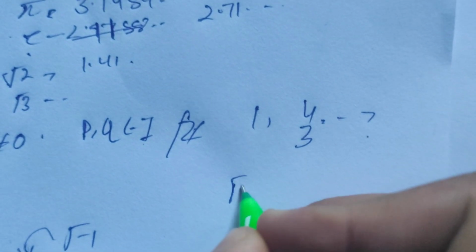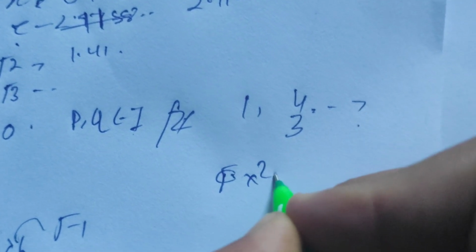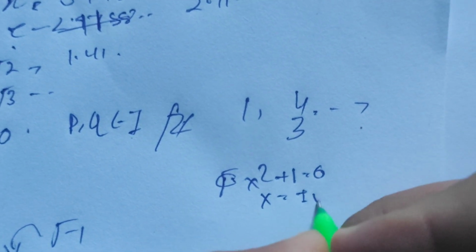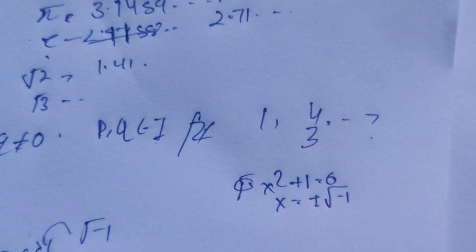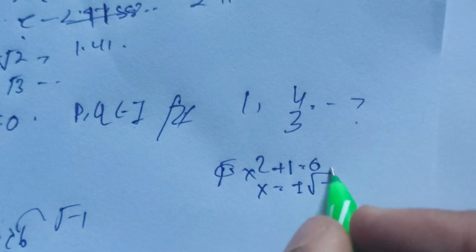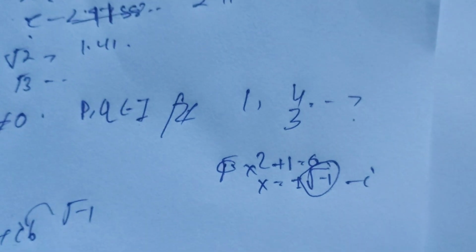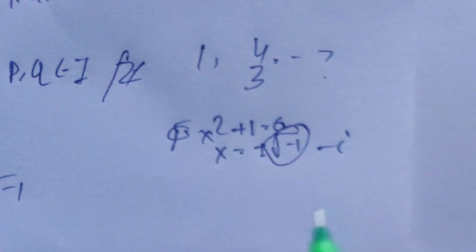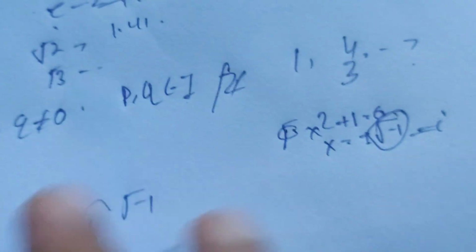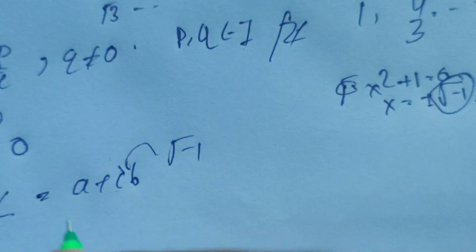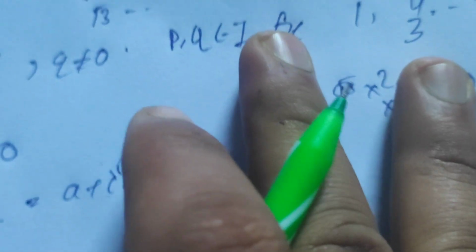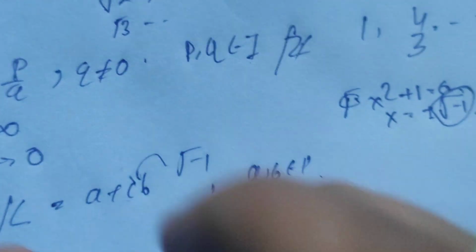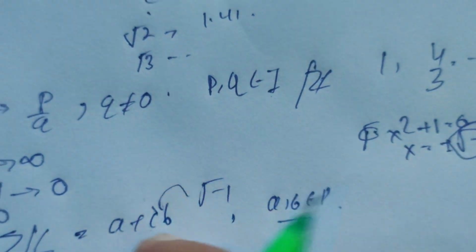Basically if we say x square plus 1 is equal to 0, then x becomes plus minus under root minus 1. This under root minus 1 becomes iota, that's why we define this term as iota. Here a and b both belong to real numbers. We will talk about real numbers next, but this is the form of a complex number.